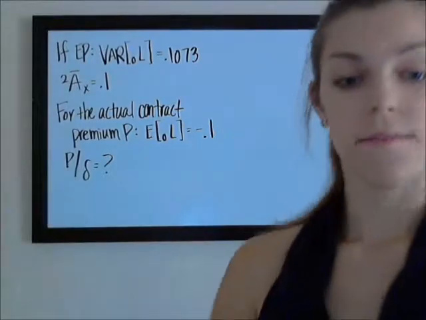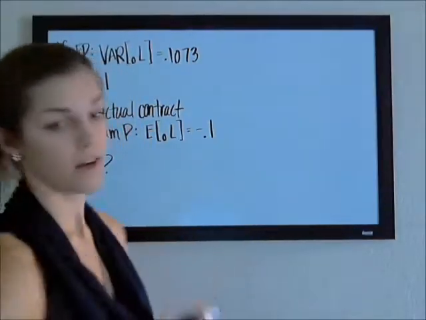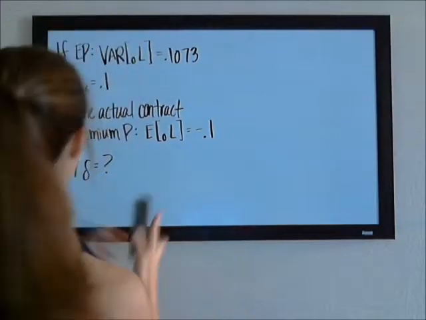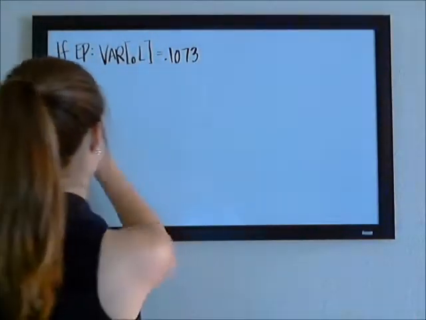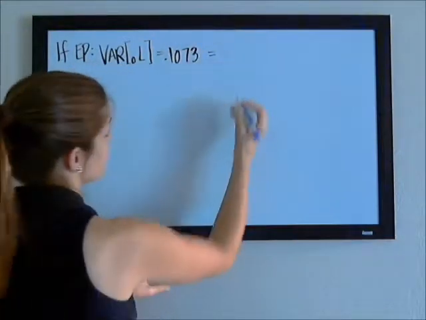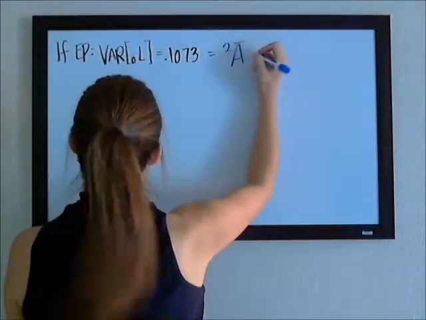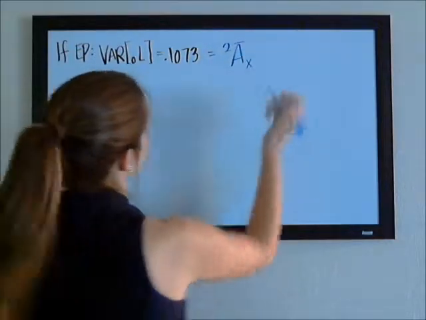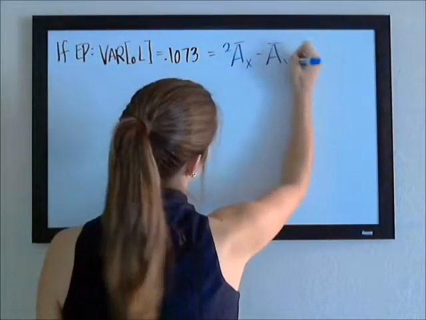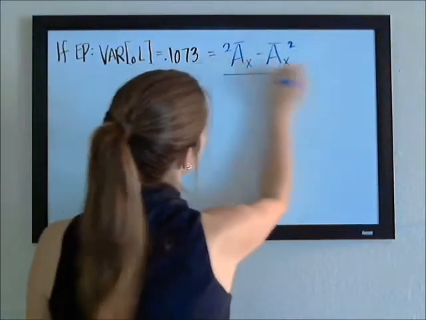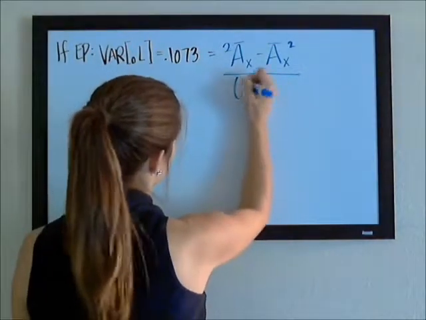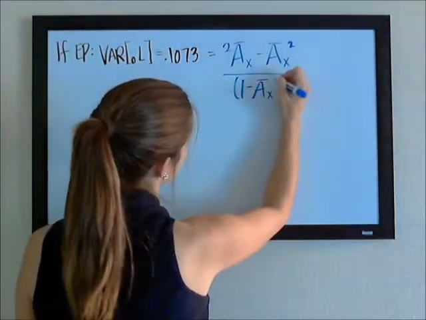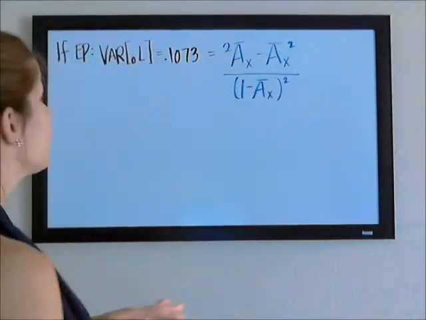So the first thing to start with here, let me go ahead and erase this. I know that if premiums are calculated by the equivalence principle, our variance turns out to be the second moment of our whole life insurance minus the actuarial present value of the insurance squared over 1 minus the insurance quantity squared.